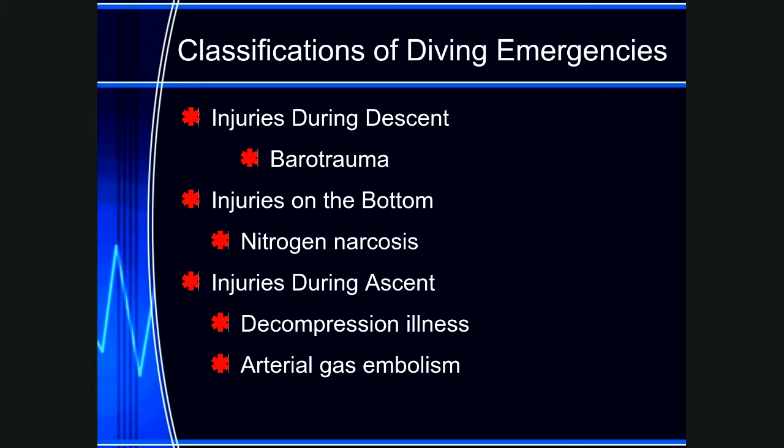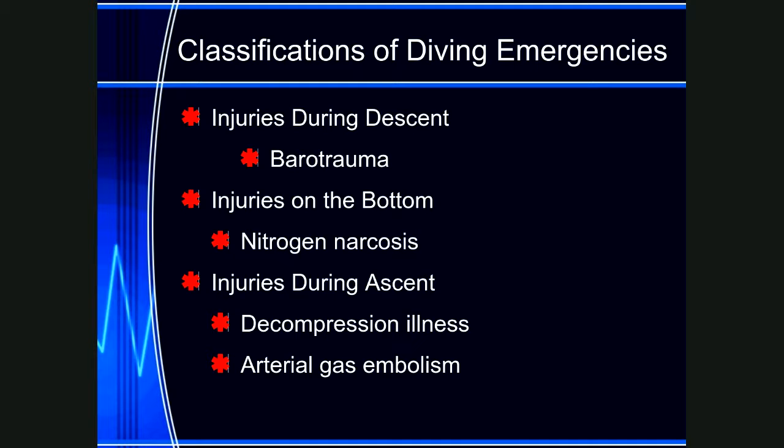Now, when you ascend, you're not supposed to ascend more than 1 foot per second, and that may be hard for you to determine, so you're not supposed to outswim your bubbles. So they can get a condition called decompression illness or decompression sickness. Their ears may start to rupture.